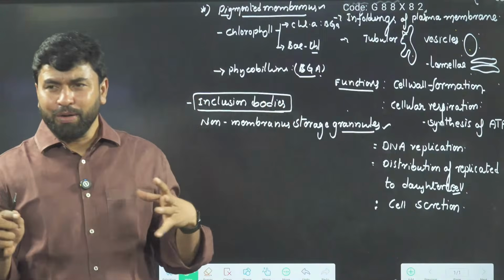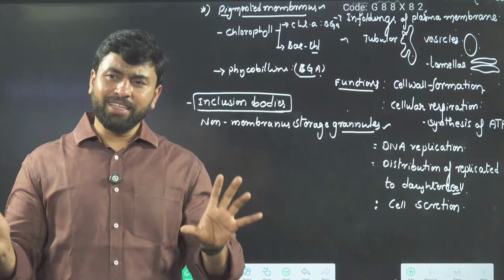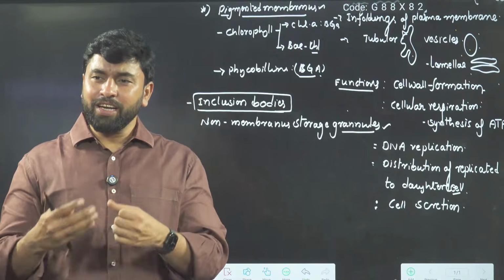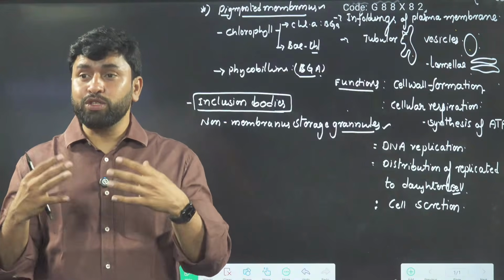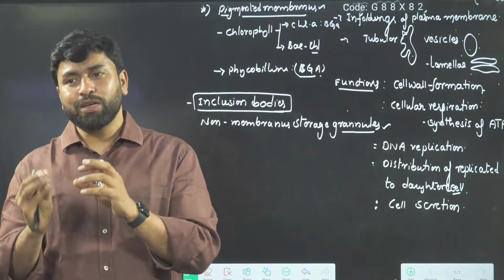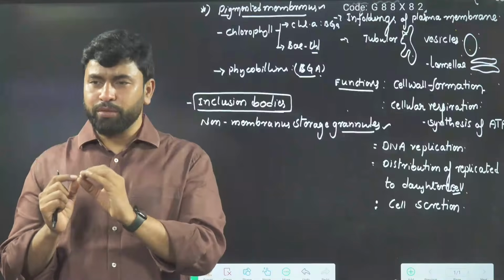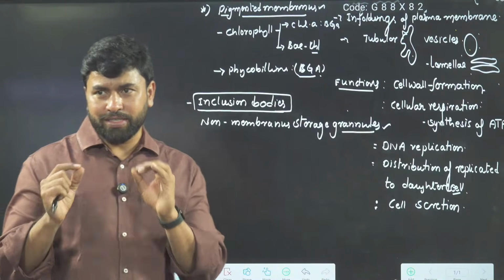Why? Inclusion body is not a cell organelle. Anything that is inclusively present in the cytoplasm can have the inclusion body title. Okay, so come back to the inclusion bodies that we would see in prokaryotic cells.